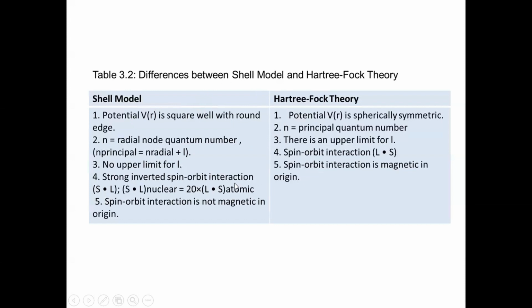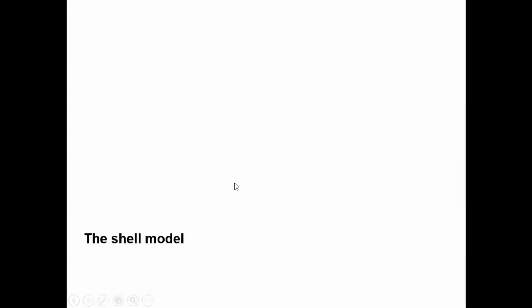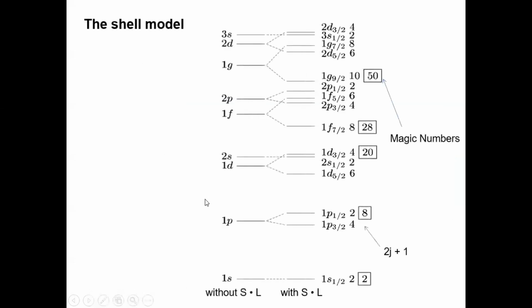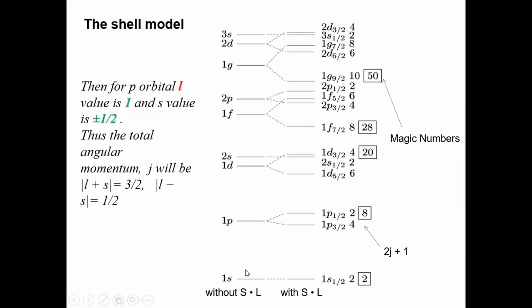And as we progress and make the shell model available, we see that the shell model is basically based on the energy levels diagram, similar to the atomic and molecular shells. Here we can see the part without L dot S coupling. If it is the case, then 1S, 1P, 1D, 2S are the lines.